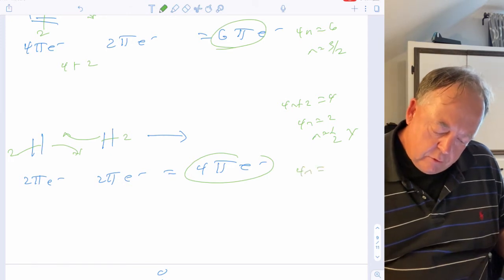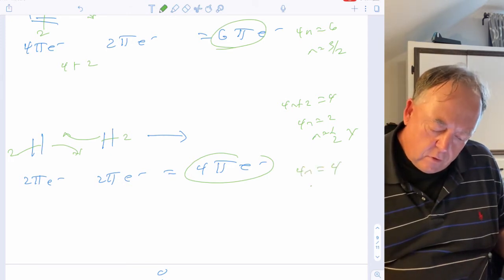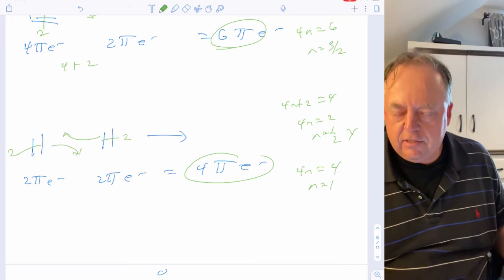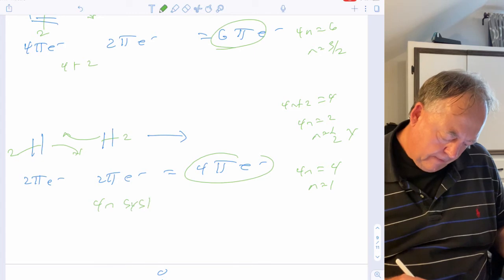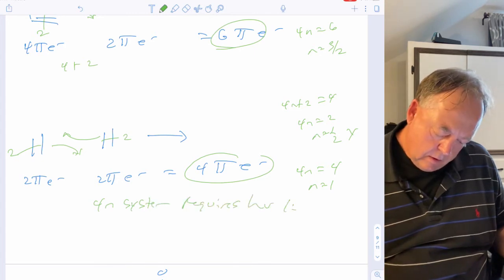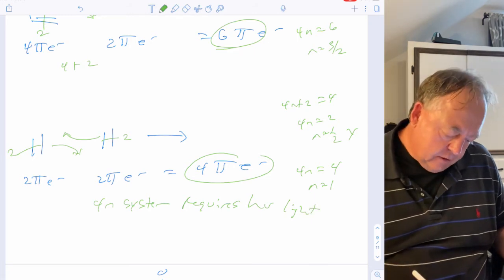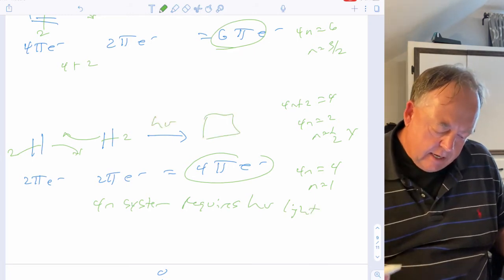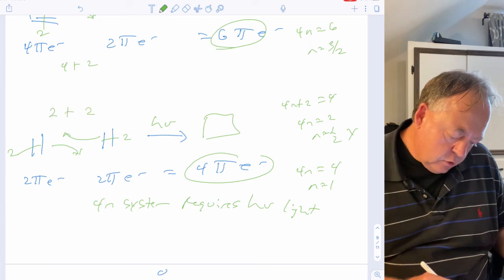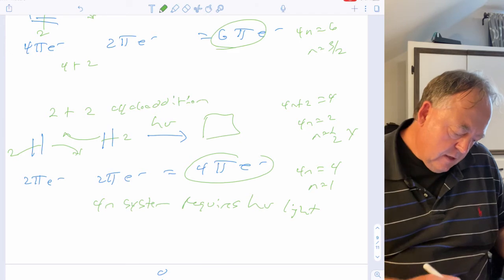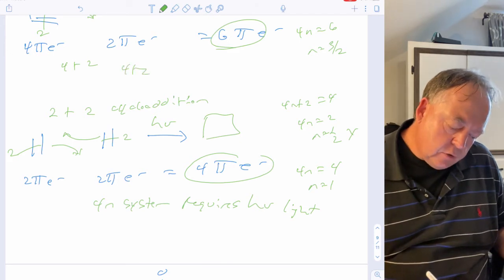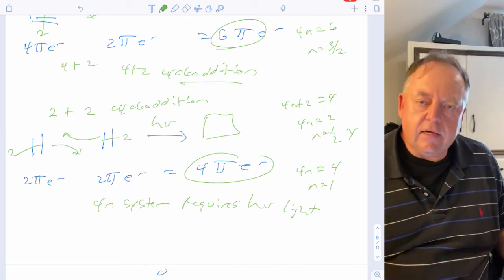If you set it equal to 4n, so 4n equals 4, n equals 1, it fits a 4n system because n solves to an integer. So that requires light. So you shine light on this, and it does a 2 plus 2 cycloaddition. And this would be a 4 plus 2 cycloaddition.